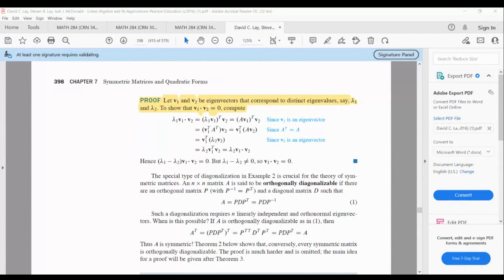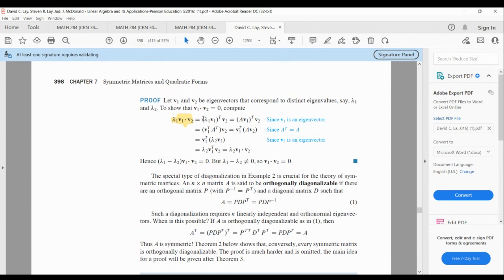Suppose you have two eigenvectors from a symmetric matrix that correspond to two distinct eigenvalues. If those eigenvectors are orthogonal, the dot product will equal 0. So let's consider lambda 1 times the dot product of V1 with V2.